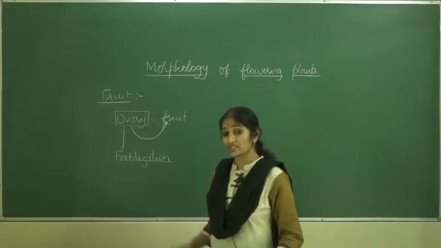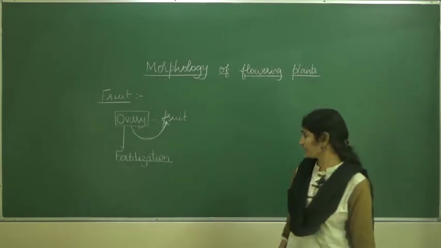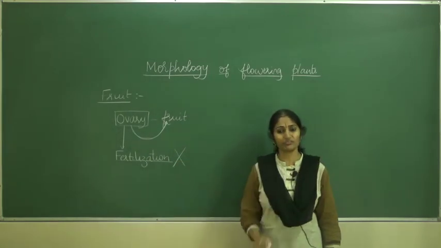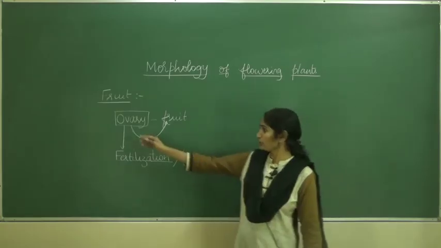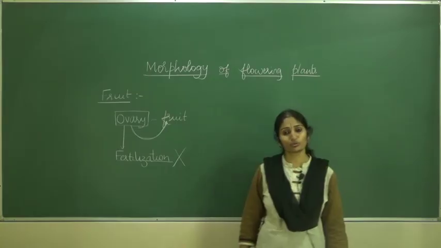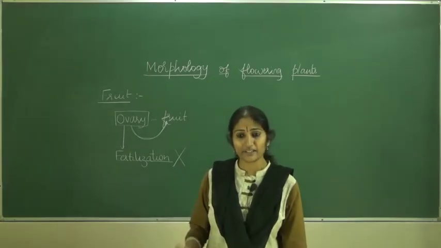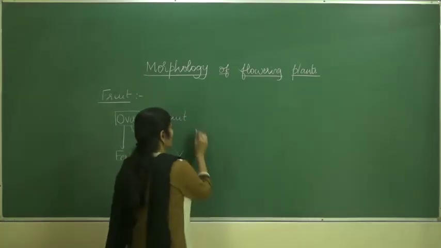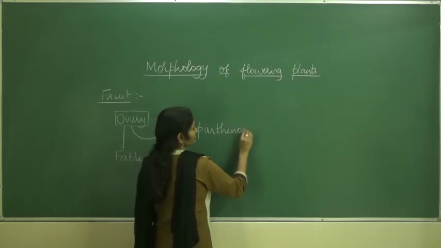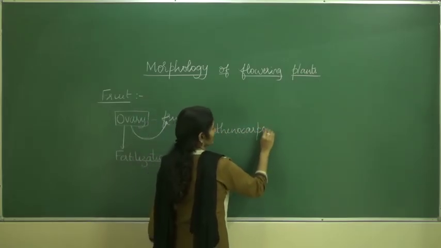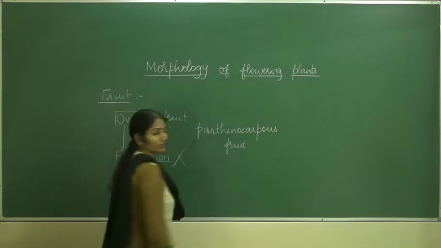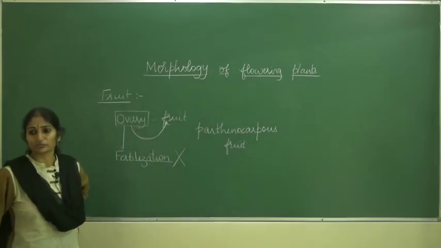But however, sometimes, very rarely, you see that even without fertilization, the ovary undergoes the modifications to form a fruit, and such fruits are what we call as parthenocarpous fruits.